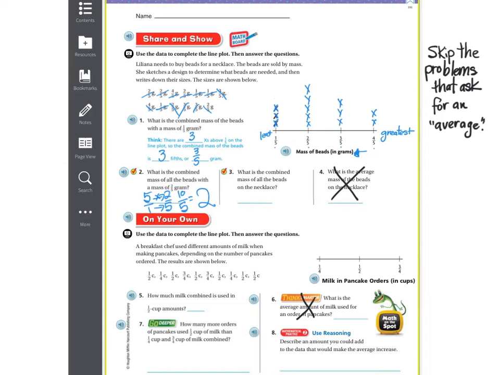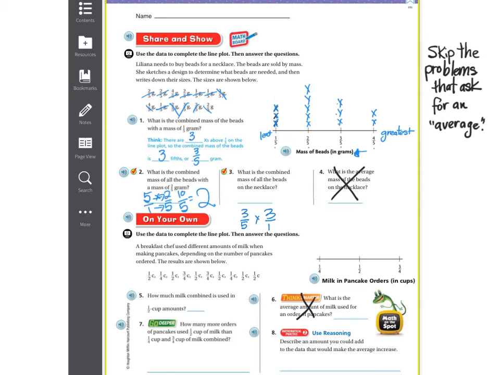What's the combined mass of all the beads on the necklace? So right now we know the answer to this one, because it's 3/5. We know that this answer, combined, equals 2. So we have to figure out 3/5 and 4/5. We're going to start with 3/5, and multiply that times 3 because we have 1, 2, 3.